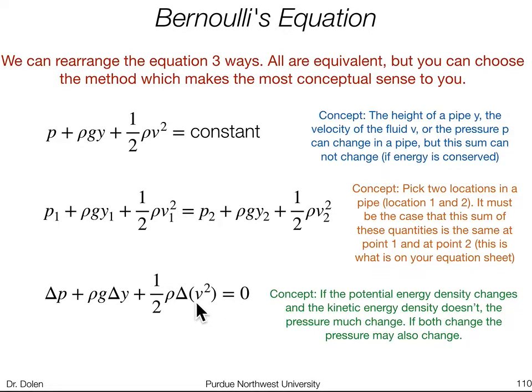You put your finger on the end of the hose, this term gets bigger, right? Our velocity at point 2 is bigger than our velocity at point 1, right? If our velocity is getting bigger, something else has to get smaller in order for this sum of quantities to be 0. So if this is some positive number, this would have to be some negative number. For example, the pressure would have to go down. Okay, so this is another conceptual way you can think about Bernoulli's equation.